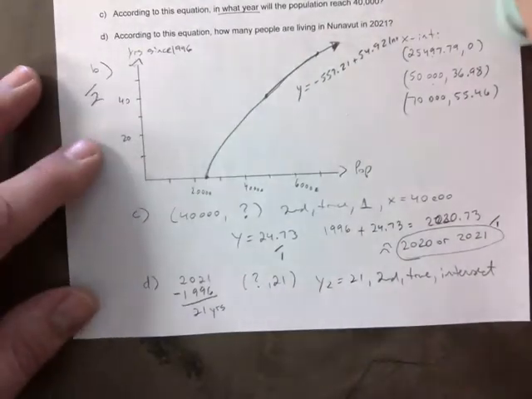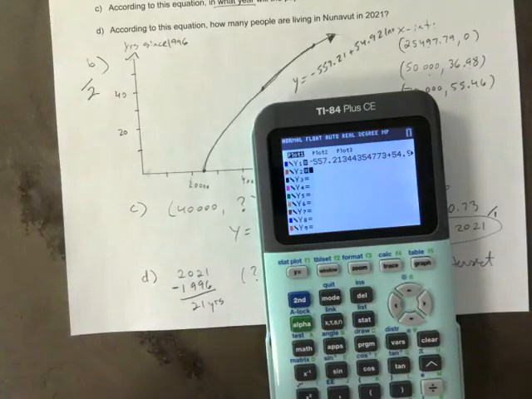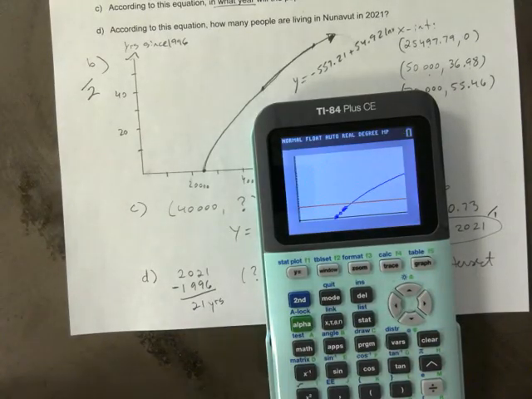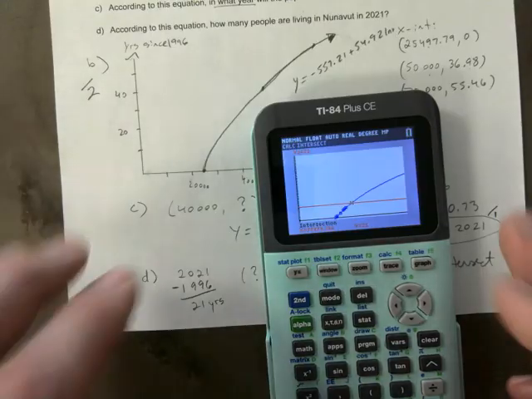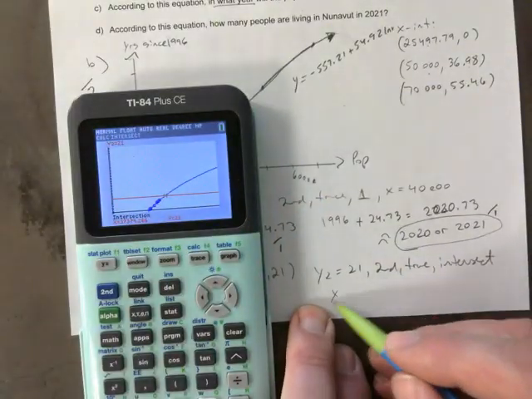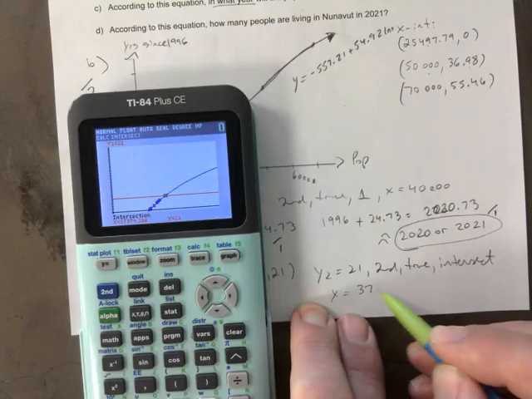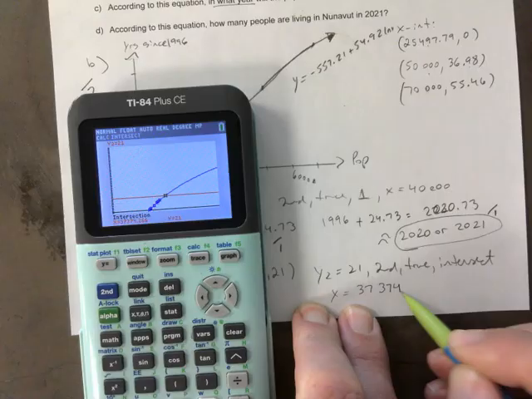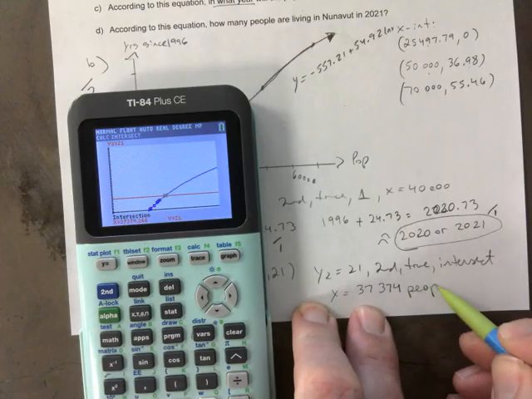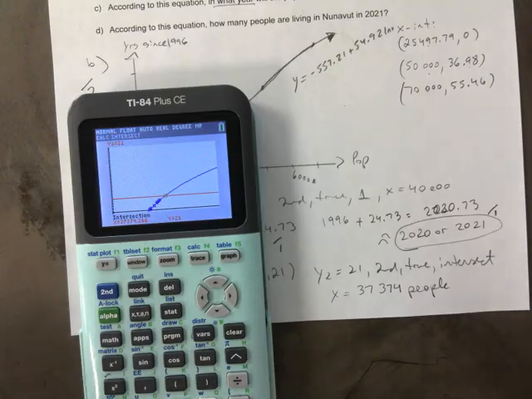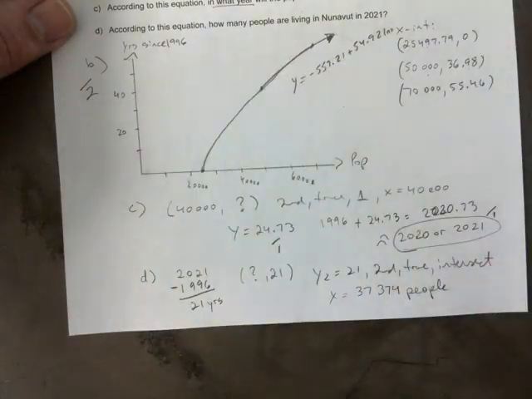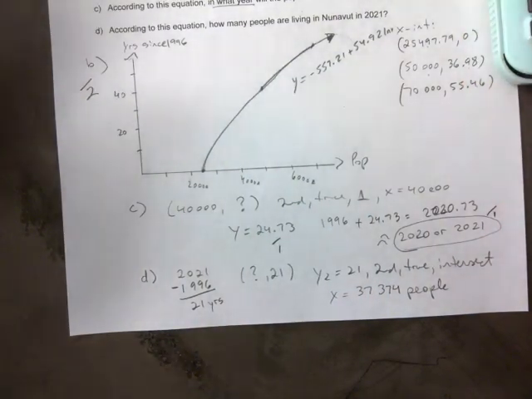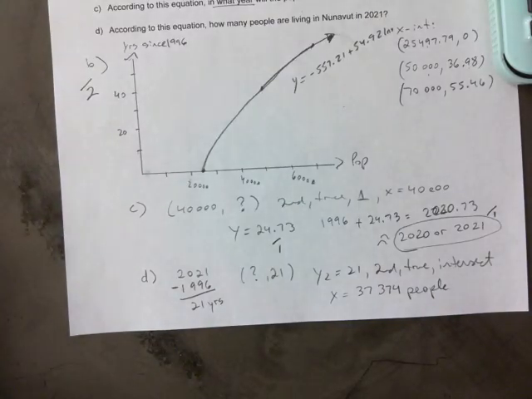Do I have to adjust my window? I don't think so. I think we're good. 21 right there. Just make sure it appears, otherwise it probably won't find it. So x is equal to 37,374. Because it's people, for some reason I used 2017 on my key.